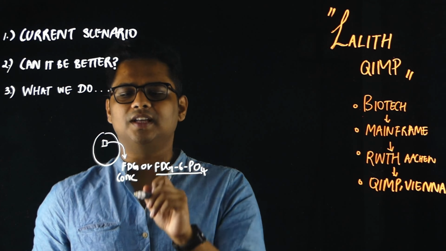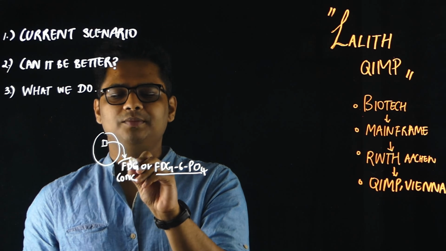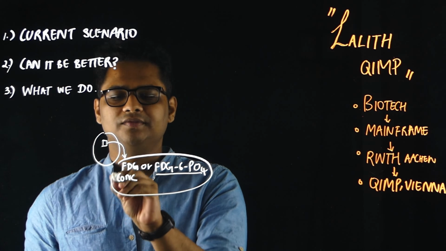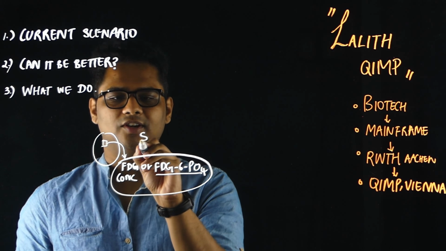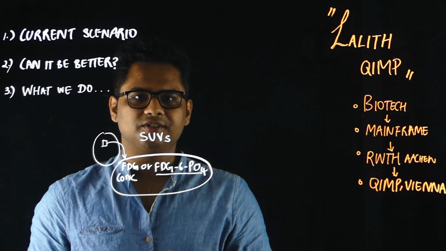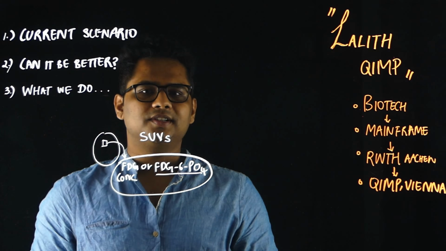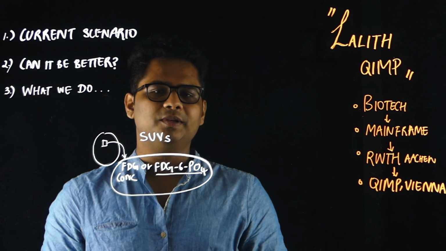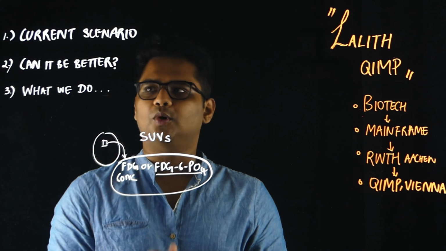So this is the current scenario. The PET images are basically semi-quantitative in clinic. They have a term for it called standard uptake values, which are semi-quantitative measures. This works for oncological cases, but for neurology, it would be much better if we could do absolute quantification.